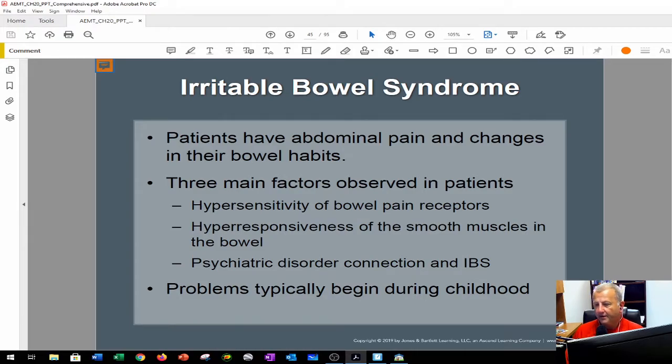This is one of those disease processes that can be triggered by stress. Okay, it can be triggered by diet. Lots of patients who are lactose intolerant can develop IBS, and maybe they didn't know, and they've had some milk or something. It can set IBS off.